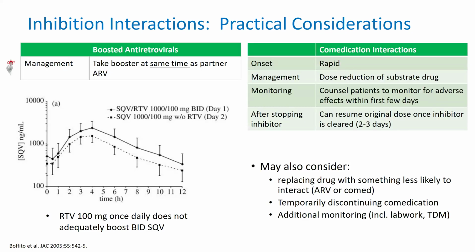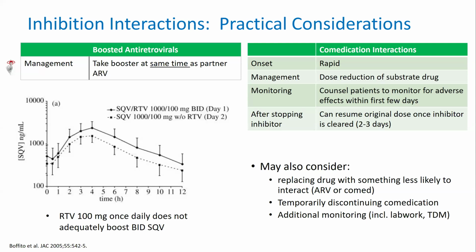With respect to co-medications, as we talked about, the onset is pretty quick for these inhibition interactions, and you can manage it by reducing the dose of the substrate drug. It's a good idea to give patients a heads up, to counsel them to monitor for adverse effects or changes within the first few days after starting the inhibitor.